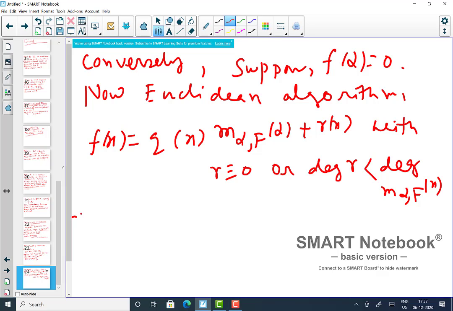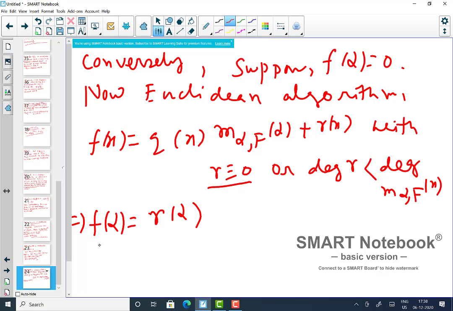So now if you know that f(alpha) equals 0, so if you plug in alpha, that gives you q(alpha) times m_alpha(alpha) is also 0, and so thus you will have r(alpha) equal to 0, right? But r has degree less than this, so r(alpha) cannot be 0 unless r is identically 0, right?